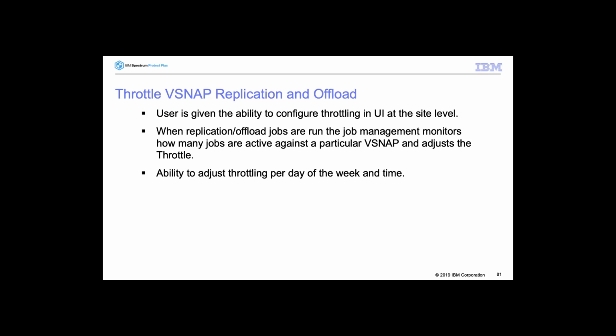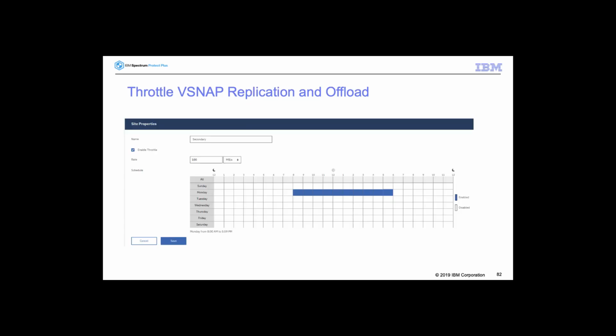Basically you'll be able to control how many jobs are active against a particular vSnap to adjust the throttle. We have a nice schedule in the UI which looks like that. You can go in and enable throttling, set the rate, and set the particular days and times that you want the site to be throttled.